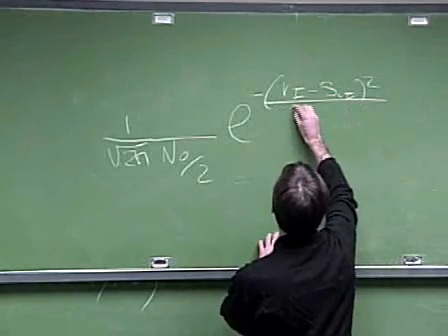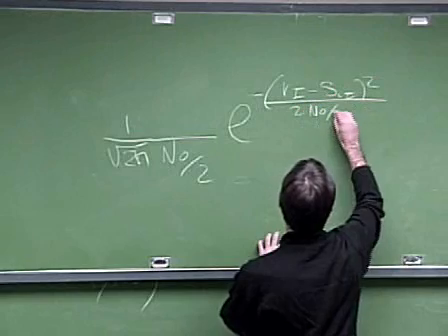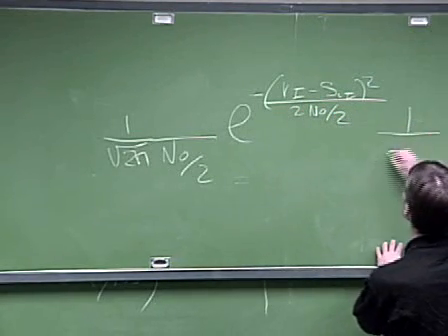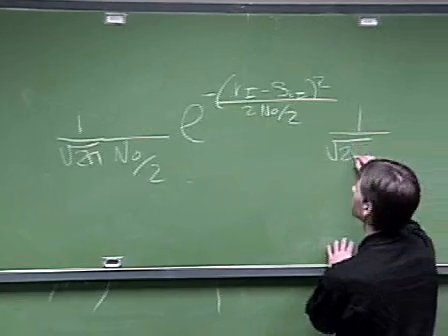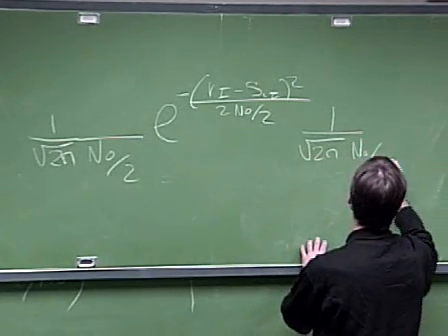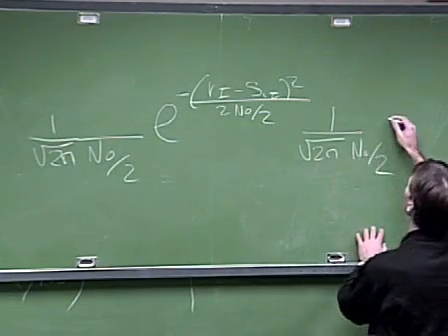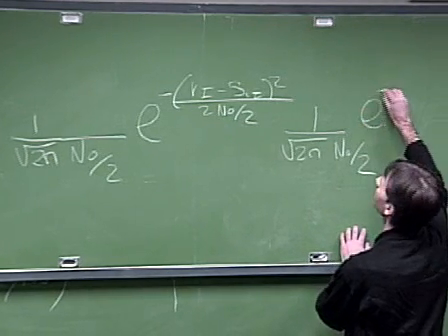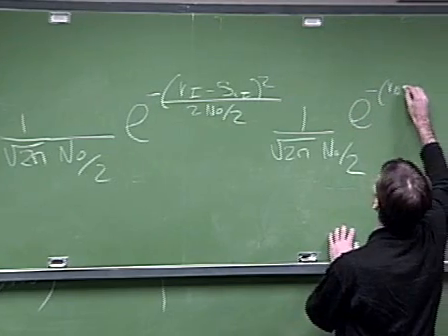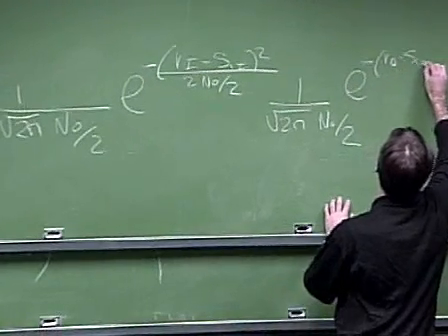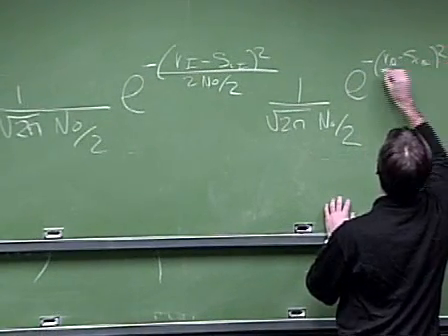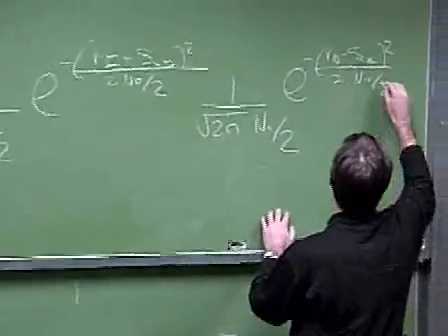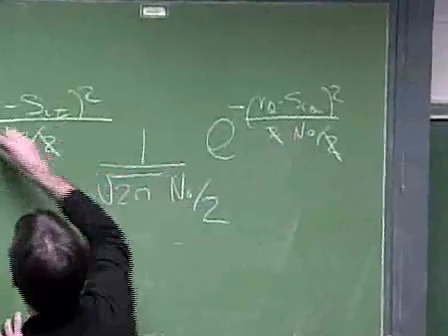And here twice the variance. Okay, so this is 1, and then times the other. And here we have... okay, so these 2 cancel, these 2 cancel, these 2 cancel.